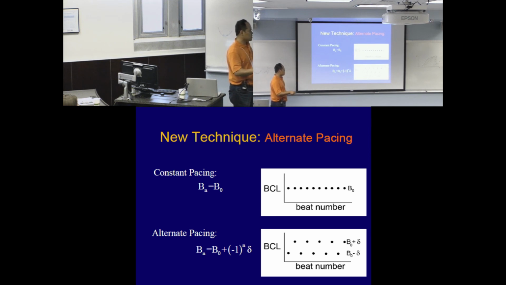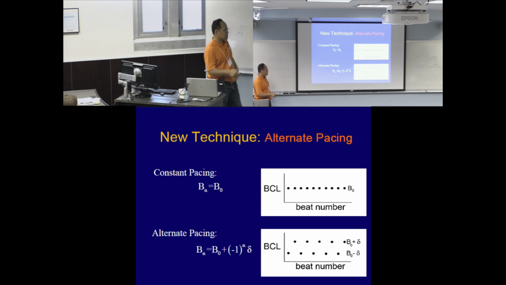So you alternate the pacing interval, and therefore we can think of the pacing as a baseline value, the middle average value, perturbed by a long-short pattern. Okay, so a perturbation of it. Therefore, the pacing protocol has two parameters, right?